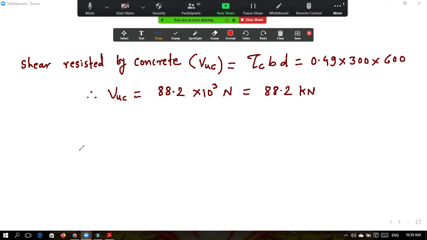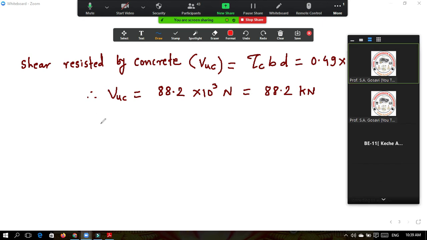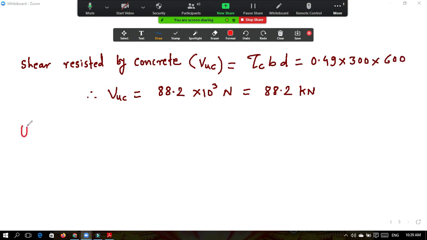Okay. Now after the calculation of the shear resisted by concrete, calculate the unbalanced shear. So now we are going to calculate the unbalanced shear force, for which we use the notation VUS.